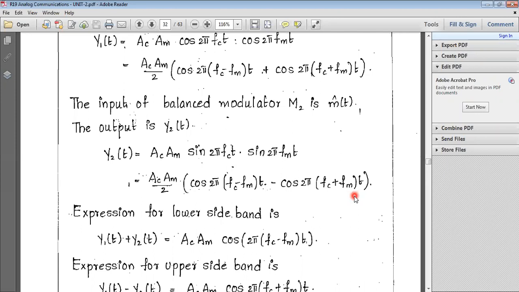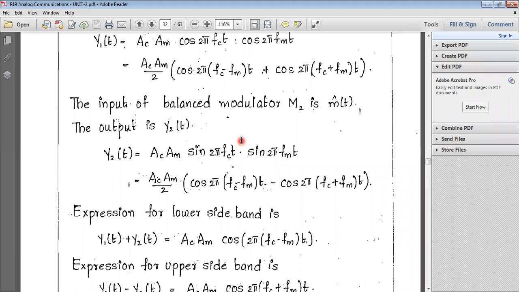Here M cap of t has a 90 degrees phase shift, so it can be written as AM sin 2 pi FMT. In the previous case, we considered it as AM cos 2 pi FMT, but after the 90 degrees phase shift, the signal becomes M cap of t, so it is AM sin 2 pi FMT.